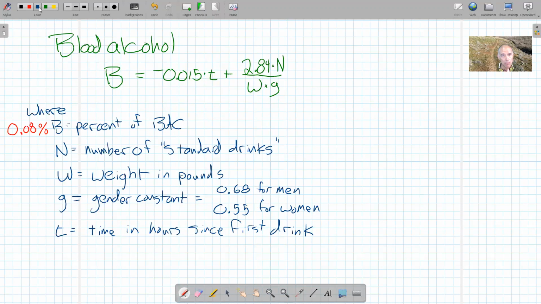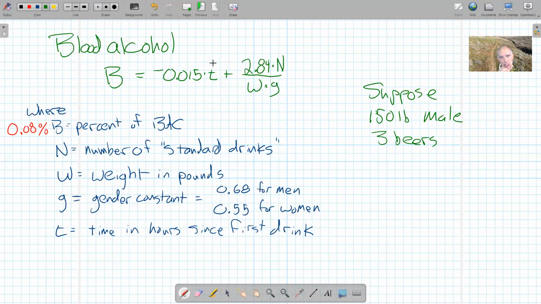We would need information about this. So let's suppose, we'll switch to green, that we have a 150-pound male that had 3 beers and standard drinks. So like 3 Budweisers in a 12-ounce can would be a standard drink. You can look up what a standard drink means if you want.